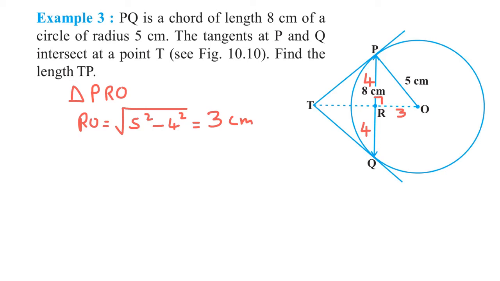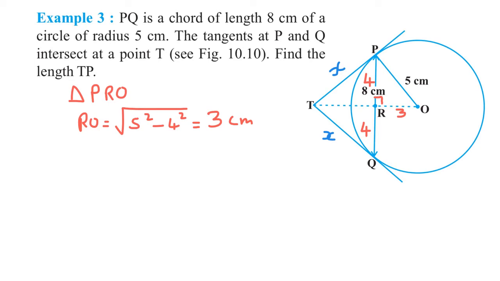Let's label TP as X. This is what we need to find out, because once we find TP, TQ is of the same length. So now let's consider the triangle TPR.